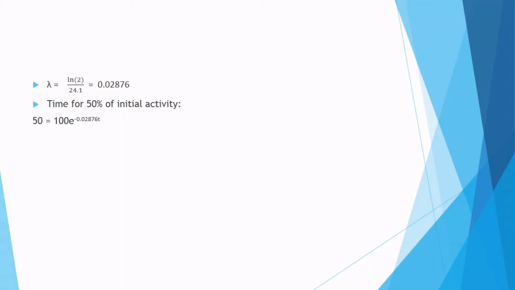After plugging these values into the exponential decay formula, the equation should look like this. After rearranging and solving for t, we see that 24.1 days must pass for the initial activity to decrease by 50%. This makes sense because it is equal to the half-life for the element.